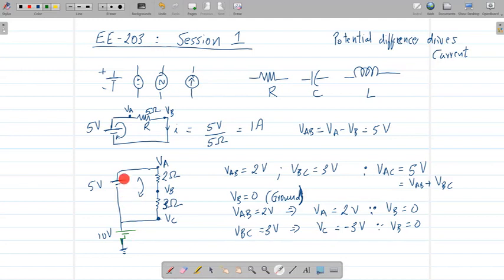So the flow of current is going from the positive terminal to the negative terminal of the 5 volt battery. If you consider the 10 volt battery, then what you see is the positive terminal is connected to the circuit, negative terminal is connected to ground, but there is no connection between this and the negative terminal. So actually there is no current flowing in the system. Therefore, there is no potential drop due to the 10 volt battery occurring across this circuit.